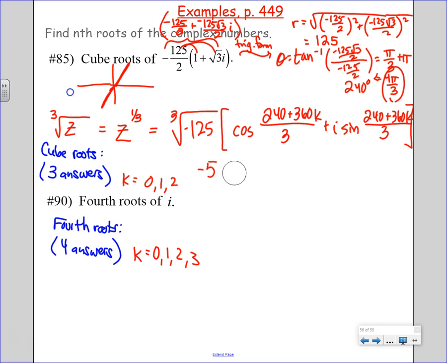I'm going to put the shortcut notation so that you guys can see me finish. -5 with 80, -5 with, when k is 1, I'm going to divide everything. 80 plus 120 will be 200, and -5, 80 plus 240 will be 320.